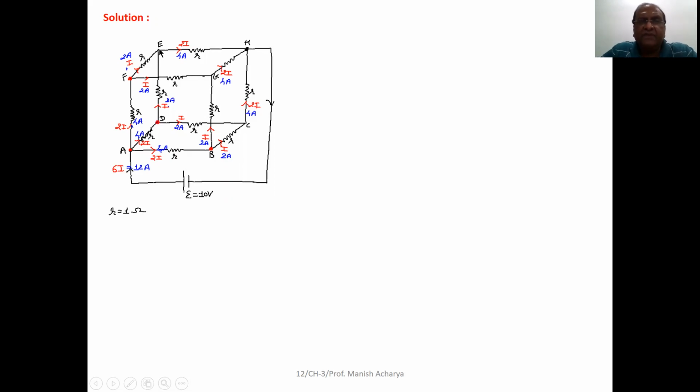Then current enters junction E, that is I. So when it leaves the junction E, 2I current will be there in the branch E to H. So from these three branches, EH, GH and CH, 2I current each enters this junction H. So when it leaves the junction H, total current 6I reaches the battery.